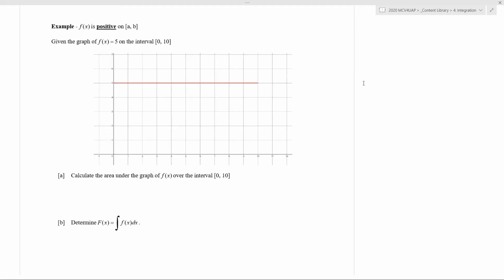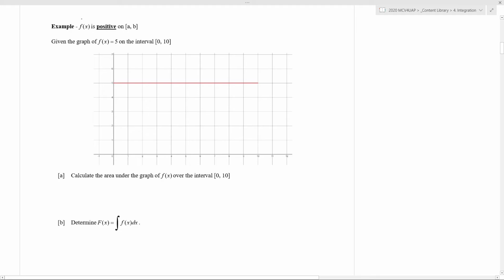There is no part of this graph that's below the x-axis. Calculate the area under the graph of f of x over the interval from 0 to 10. So we don't need to use RRAM or LRAM. It's just a rectangle, right? We're looking for the area under this graph from 0 to 10.